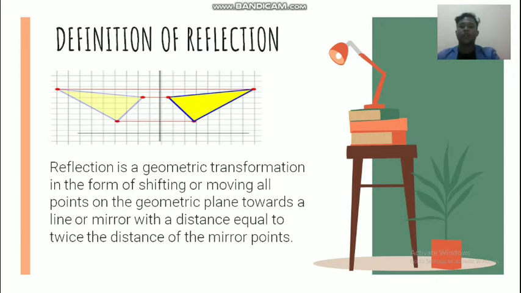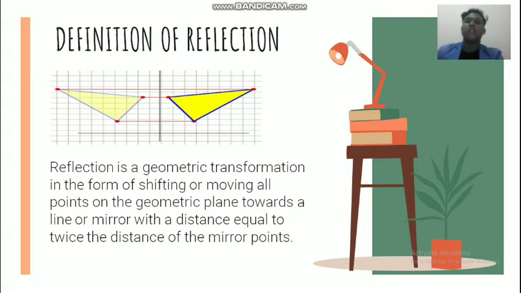Often when looking in the mirror, watch yourself and your image. Are they the same shape and size? Also observe your distance to the mirror. It is the same distance between your image and the mirror. By reflecting and answering these questions, you will discover some properties of reflection.